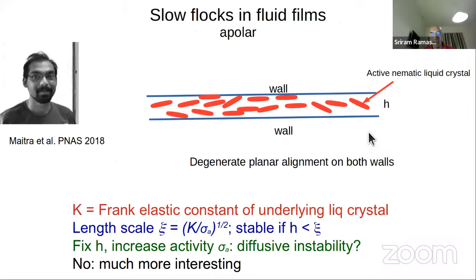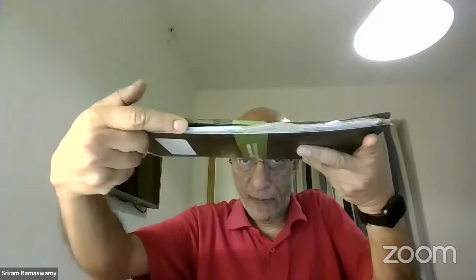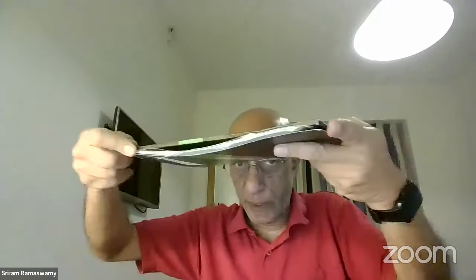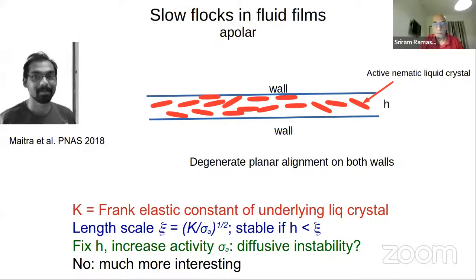So, I have one planar surface and another planar surface. So this is my experimental geometry. This is the top surface. This is the bottom surface. And this little sheaf of papers is the active quasi 2-dimensional thin film of active stuff. Okay. Yeah. So that's my experimental system.